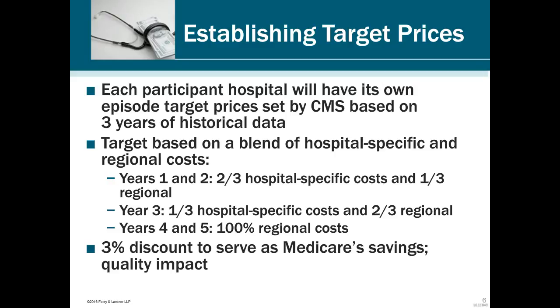This composite data on quality can serve to reduce this 3% discount from 3% down to 1%, depending on where the hospital is in the quality metric compared to peers in its group. So not only is there gainsharing based on the target pricing, there are additional incentives based on quality composite scoring when comparing the hospital's score to those of its peers.